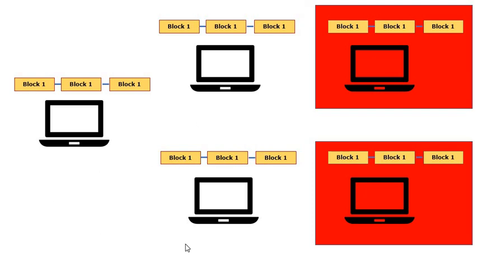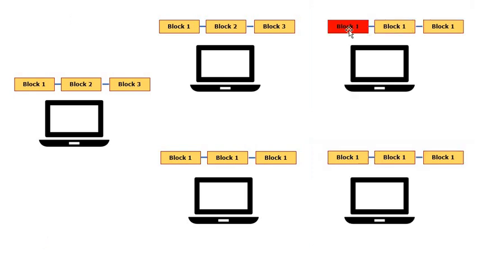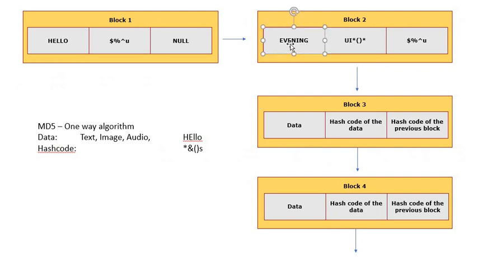Likewise, if the hacker wants to hack our data, he will have to hack at least 51% of the nodes, which is practically impossible. The first step itself, making changes to the node and changing the block hash code accordingly, is impossible.